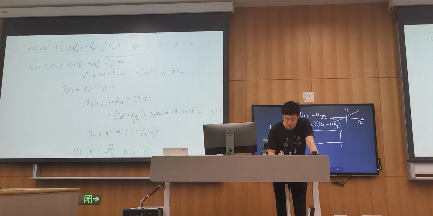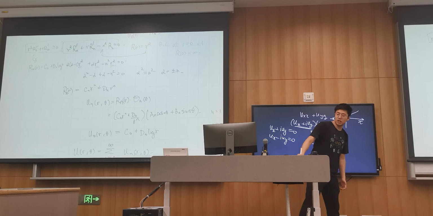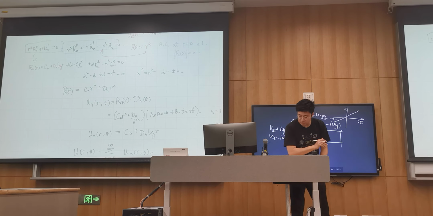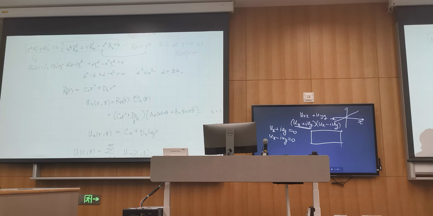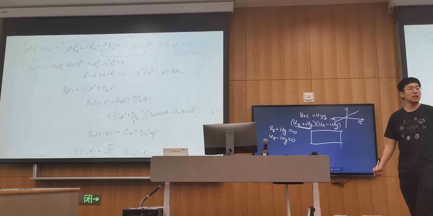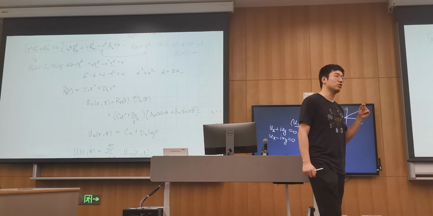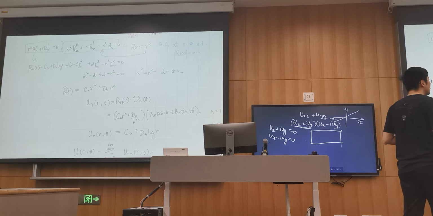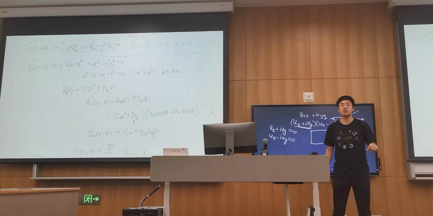We need one boundary condition at r equals 0 such that R0, the absolute value of R0, has to be finite. Again, if there is infinity, that means our origin point is going to be singular, which means that at this point we cannot carry out the Laplace operator.